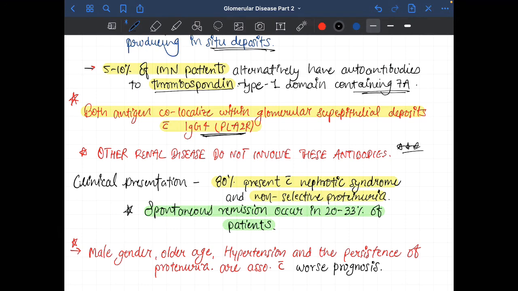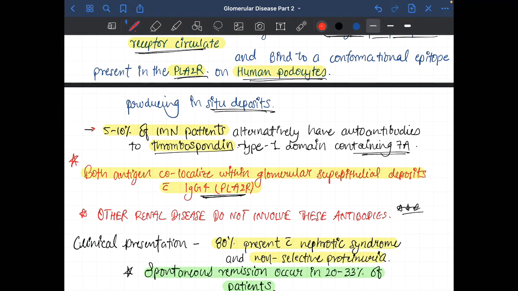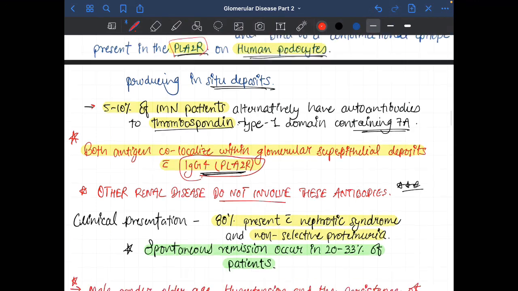So there is nothing to remember in this whole thing but this one, IgG4 PLA2R. Alright, because PLA2R antibodies are only found in membranous glomerulopathy, not in other diseases.